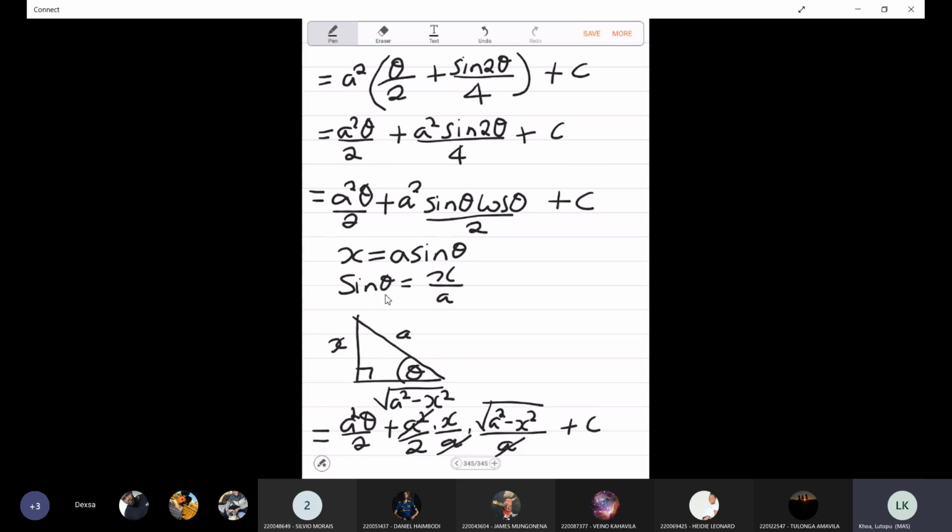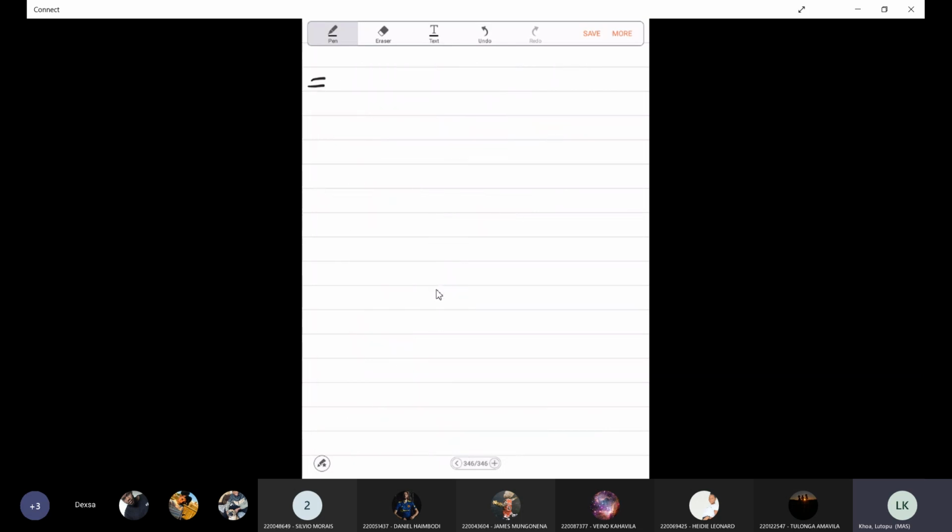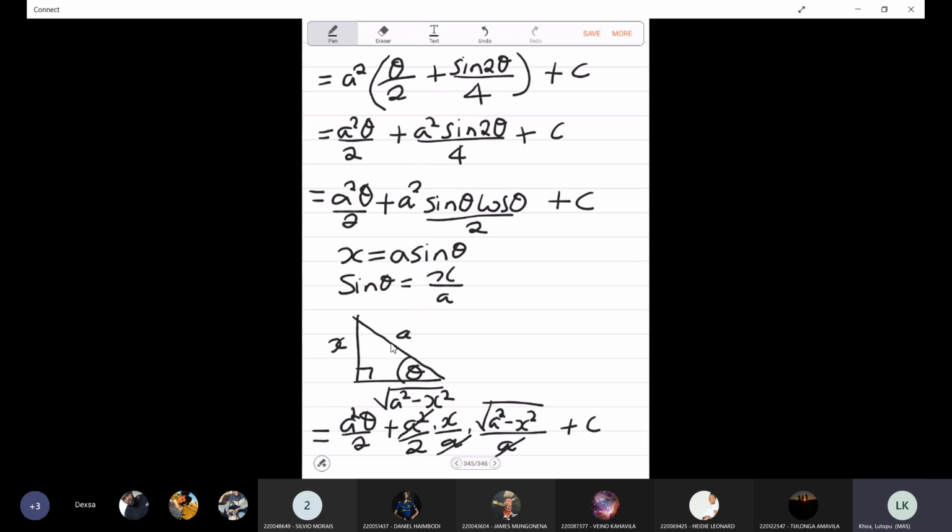So if we have sine theta is equal to x over a, that means that theta is equal to sine inverse of x over a. So our integral is going to be a squared over 2, and then instead of theta, we have sine inverse of x over a.